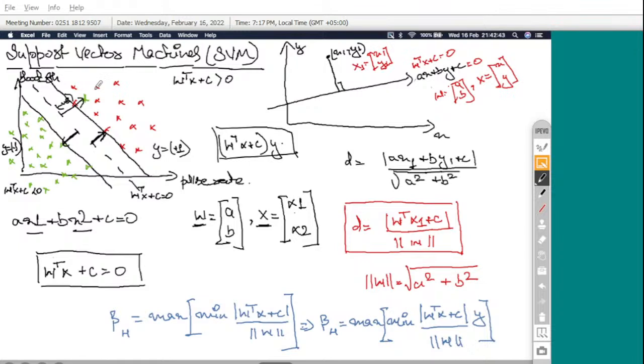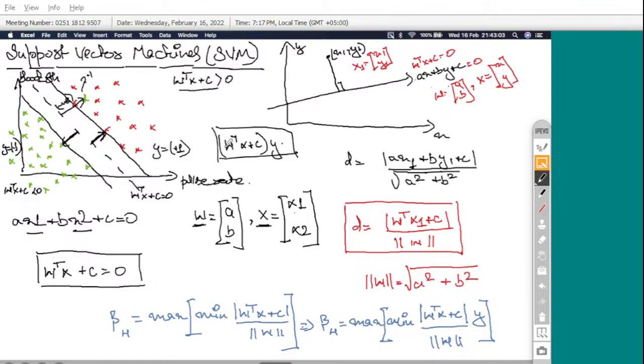Difficult to understand? No problem. Is it clear that on this side of the hyperplane W transpose X plus C is going to be greater than 0? Okay. If there is a green observation at this side, the label of this green observation is minus 1.